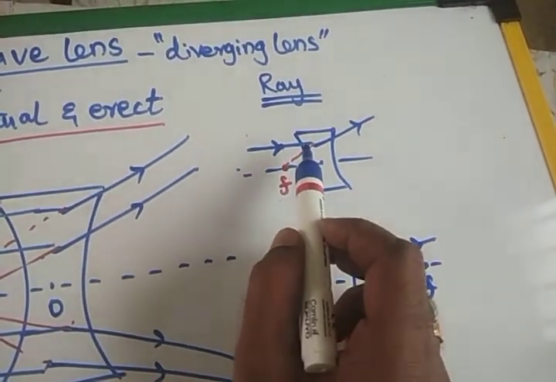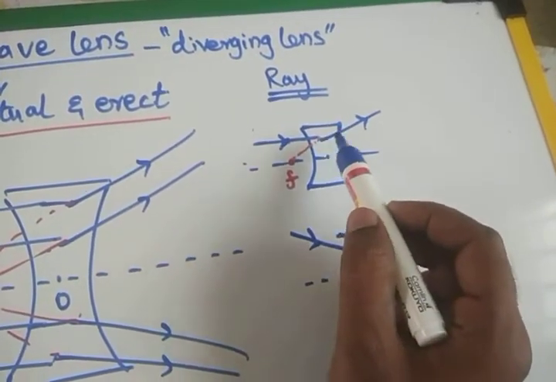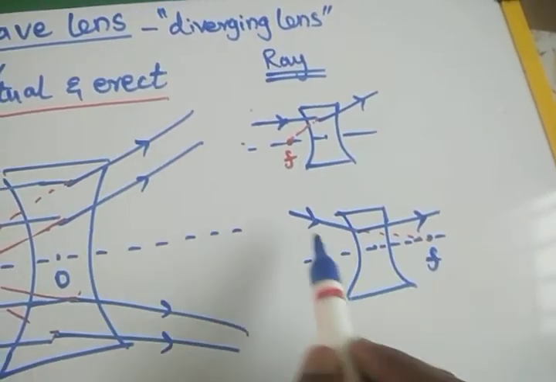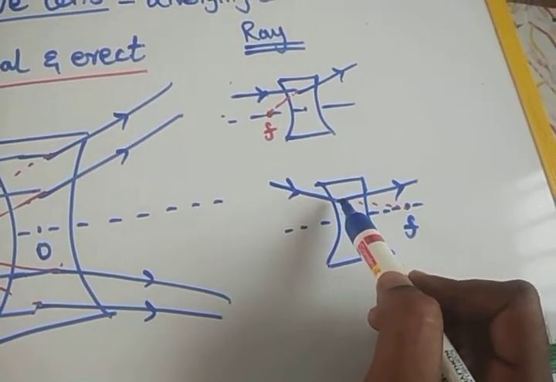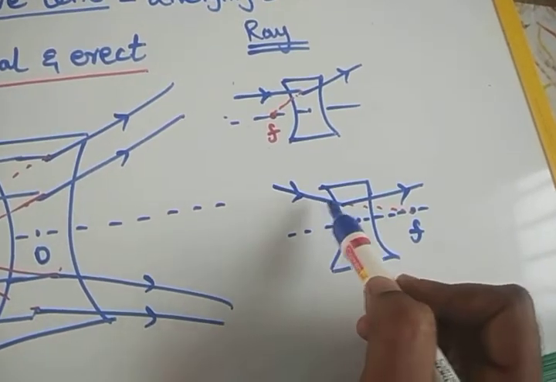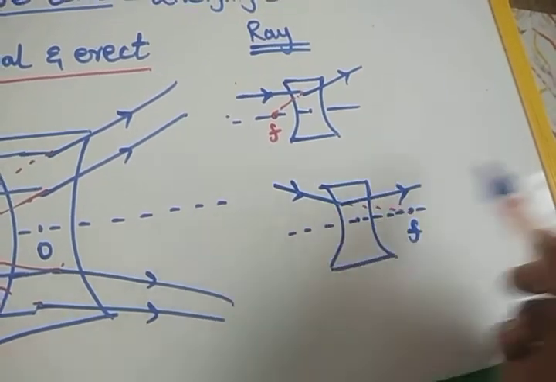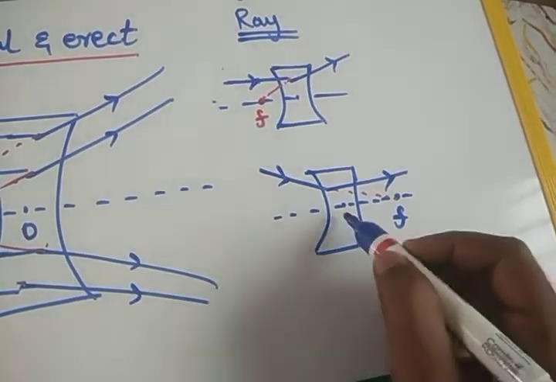So when the incident ray is parallel, the diverged ray appears to meet at the focus. When the incident rays appear to meet at the focus, the refracted ray goes parallel to the principal axis.